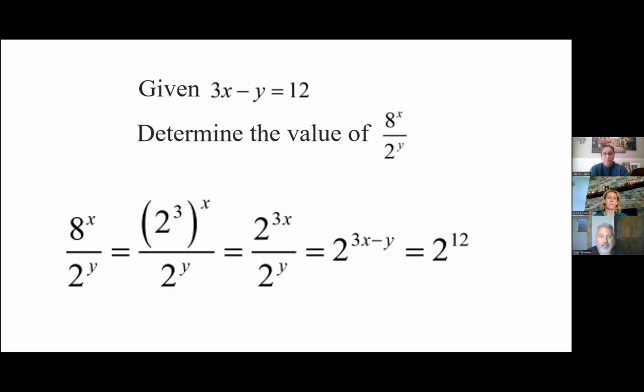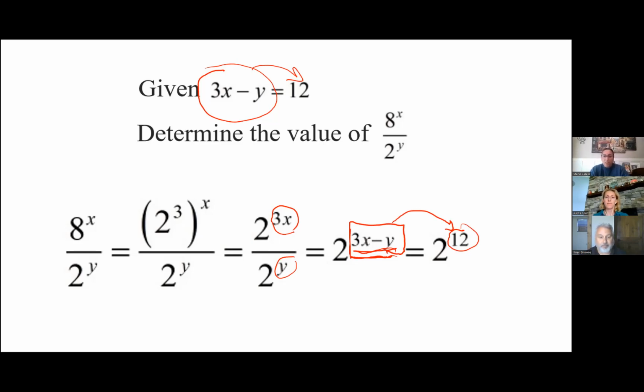And then in the next expression, we noticed we were dividing exponent terms with like bases. So we subtracted our exponents and we obtained 2 to the 3x minus y. And at that point, he recognized there was a direct substitution. That entire quantity, 3x minus y, is equal to 12. So we did a wholesale substitution, and that's how we got the same answer choice A, 2 to the 12th.